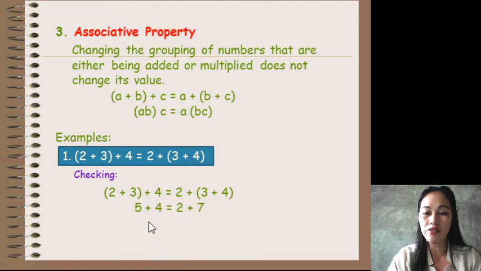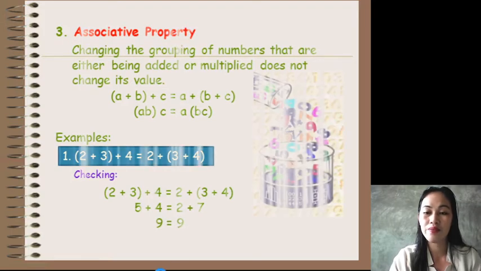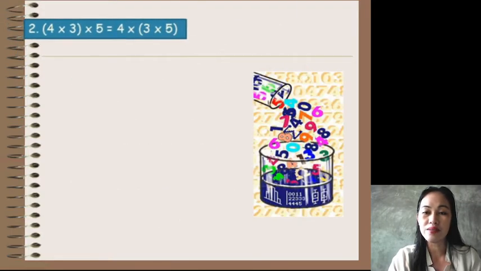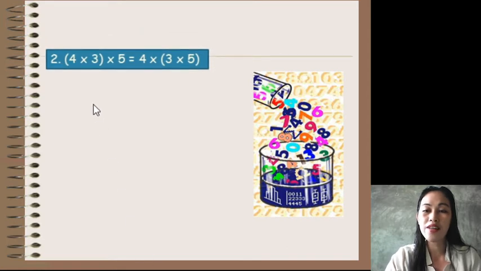So we have 5 plus 4 is equal to 2 plus 7. 5 plus 4 is 9. 2 plus 7 is 9. So they are equal.